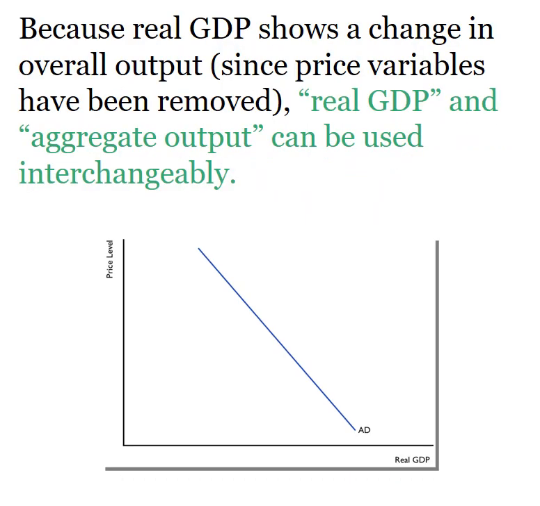I mentioned this on the slide opening, but oftentimes it's good to have that refresher that real GDP is a measure of overall output in our economy. We learned that real GDP was output times base year price. We're looking at that old price to remove the effect of price level changes. So with real GDP, all we have left is quantity of output.